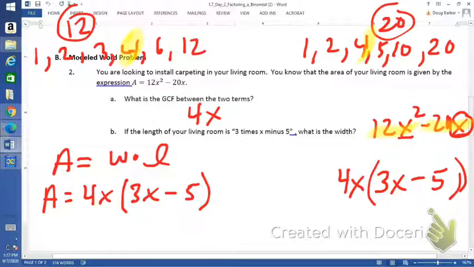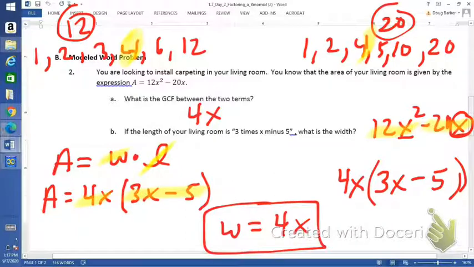Just to match it up, because it says that the length is 3x minus 5. So what's the width going to be? The width is going to equal 4x. Okay, so that concludes 1.7, factoring a binomial.